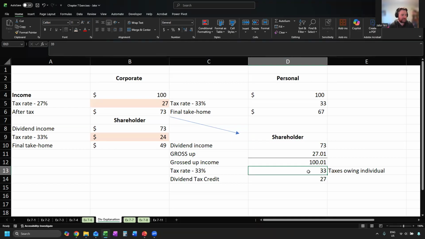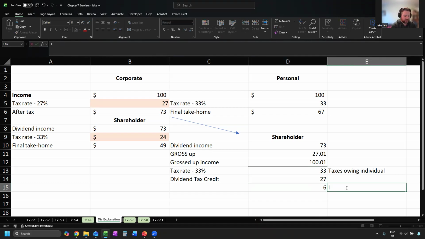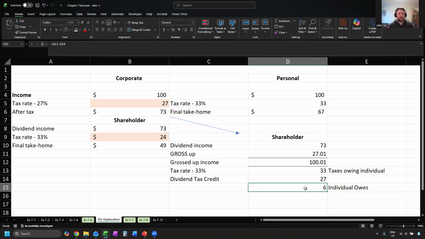Total income times 33% is the taxes. And let's do that, showing that these two will be subtracted. So my total taxes that I actually owe is my taxes calculated minus my dividend tax credit. The individual owes only the $6 difference.